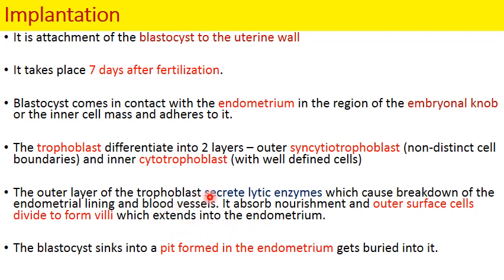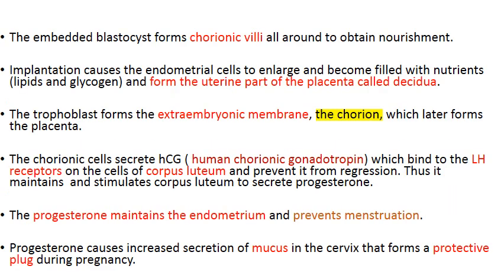Because of these lytic enzymes, they have created a pit in the endometrium, and as a result the endometrium is going to surround the blastocyst, and ultimately the blastocyst will sink into the pit formed in the endometrium and get buried in it. So this is how it gets implanted into the uterine endometrium.